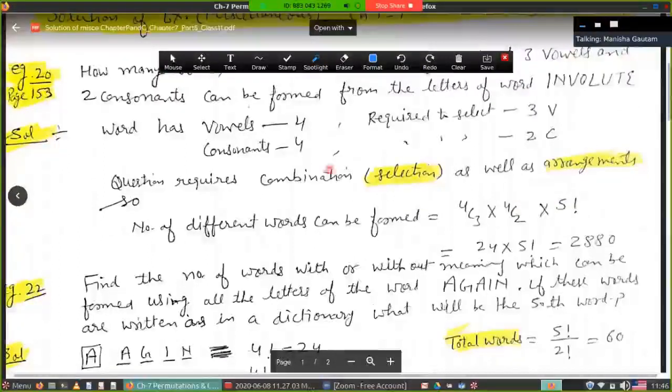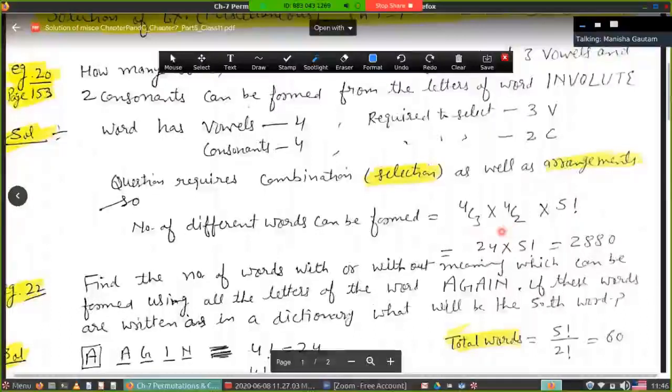Out of 4 vowels, you have to select 3, and out of 4 consonants, you have to select 2 consonants. Selected: 4C3 and 4C2. Now 5 places you have to fill. These 5 places can interchange their places also. That's why this is a question of both permutation as well as combination, because in the selection you are using combination.